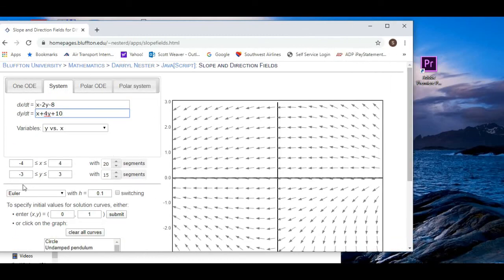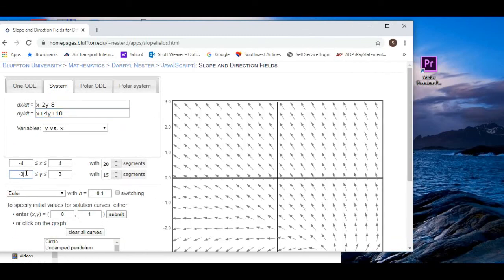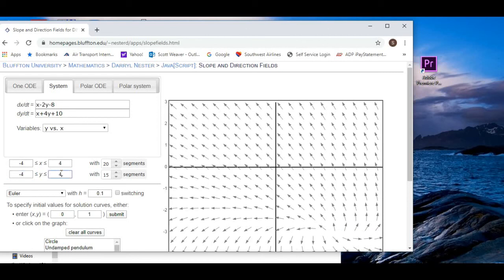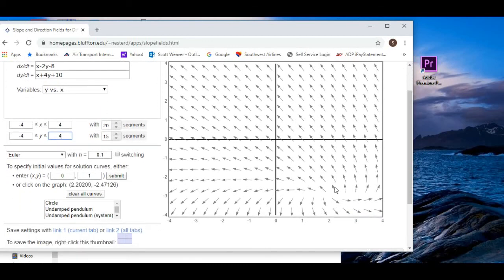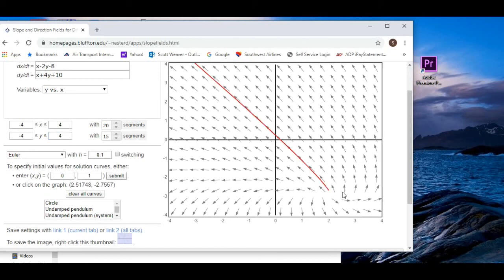Alright, and then I'm expecting there to be an improper nodal source at 2, -3, so I'll make my y window a little bit bigger to allow me to see it better. And what you will see here in Bluffton is indeed a source. Now, this may look a lot like a spiral point, and to the naked eye it can be a little hard to tell exactly sometimes, but technically this is an improper nodal source.